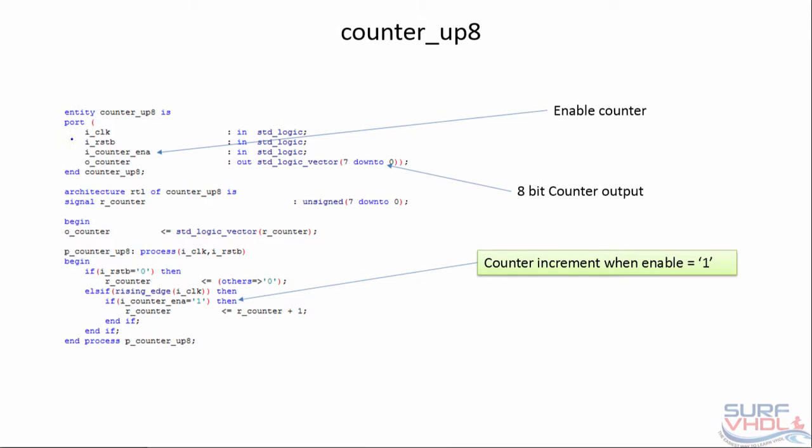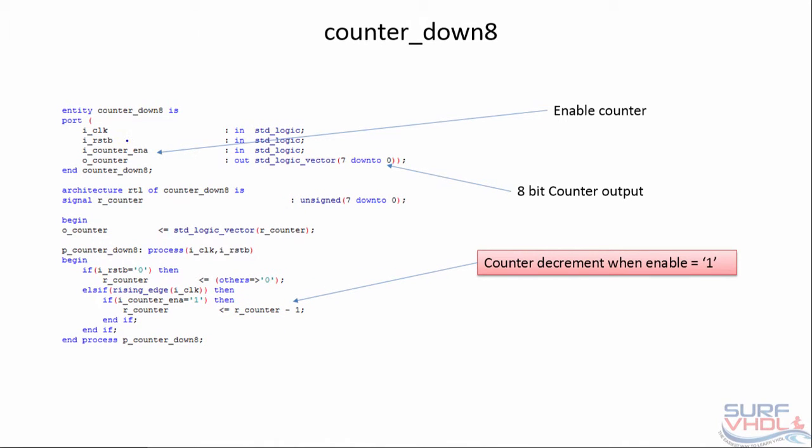Up counter: the counter has inputs clock and reset, a counter enable, and the counter out. The asynchronous reset sets the counter to 0, while each time the counter enable is equal to 1, the counter plus 1.